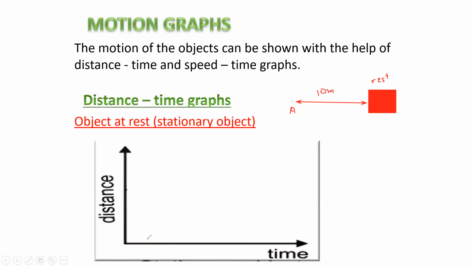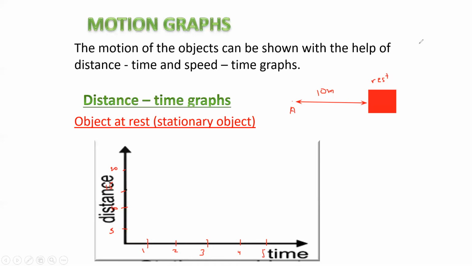On the x-axis we have time, for example 1, 2, 3, 4 and 5, and on the y-axis we have distance, for example 5, 10, 15 and then 20.